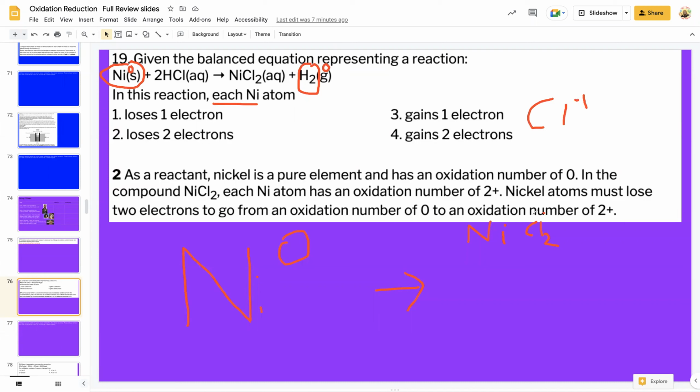I have 2 chlorines here, so I have chlorine twice. How do I balance out 2 -1 charges, which equals -2? I need a +2, right? So nickel in nickel chloride will be +2.